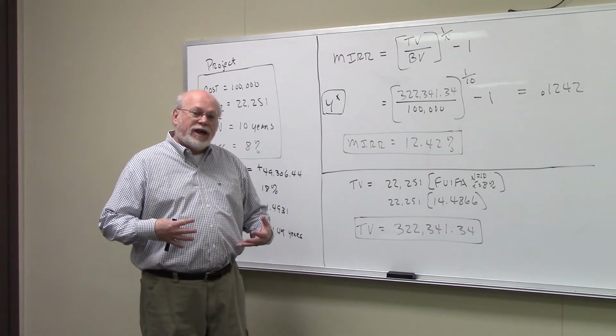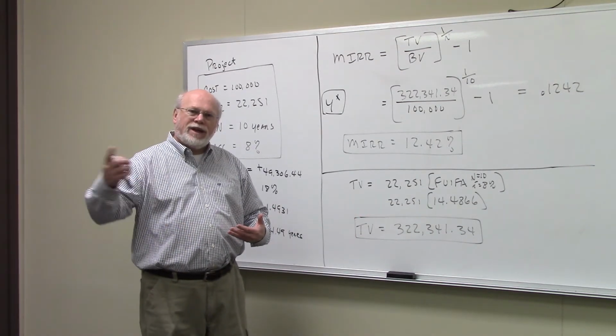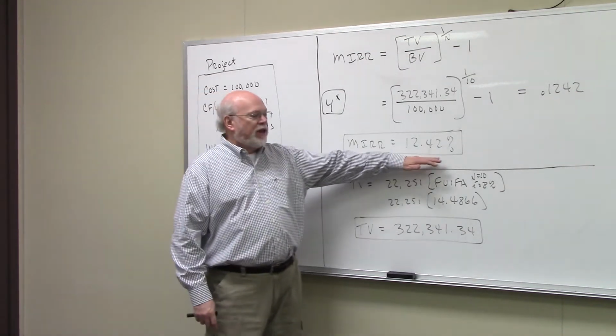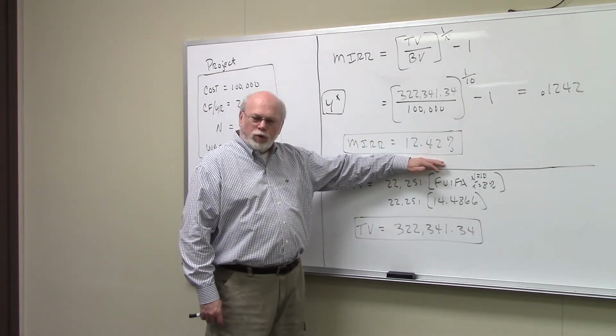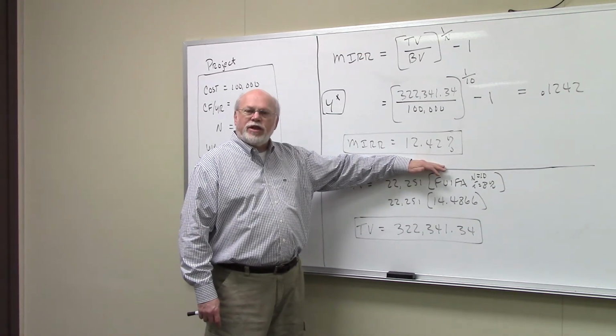If we invest $100,000 in an investment today and get $322,341 ten years from today, our annualized rate of return on that investment would be exactly 12.42%.